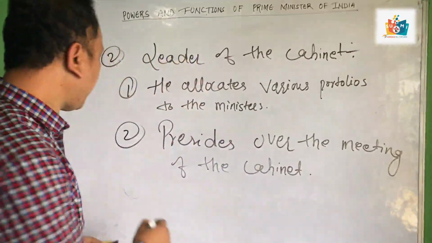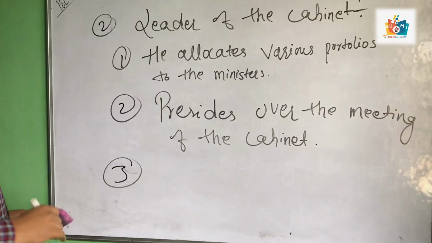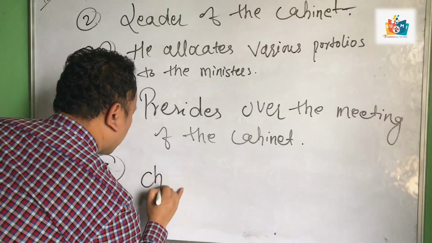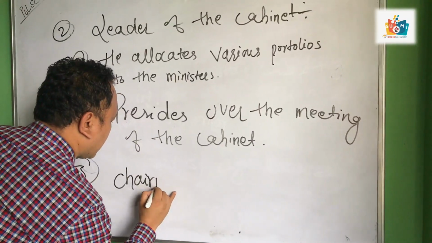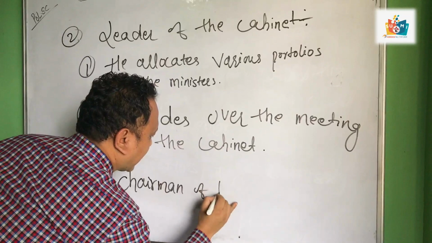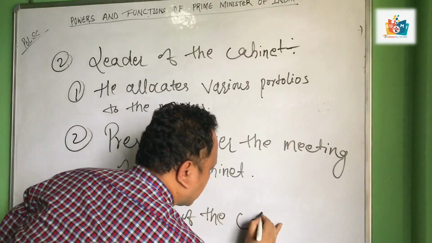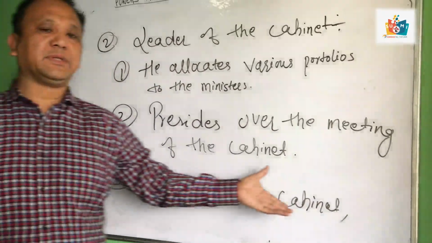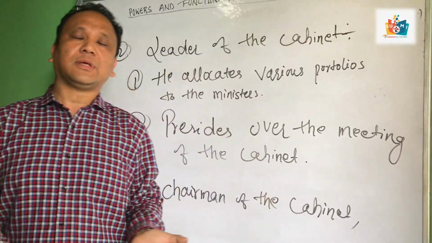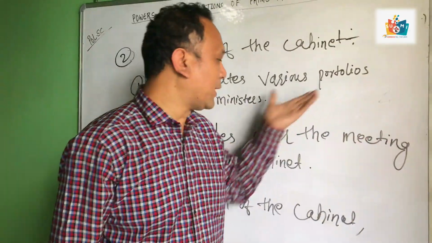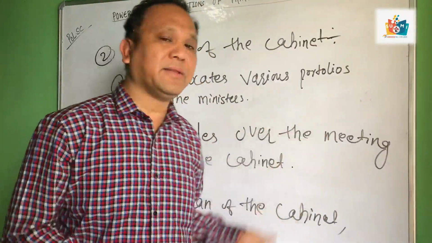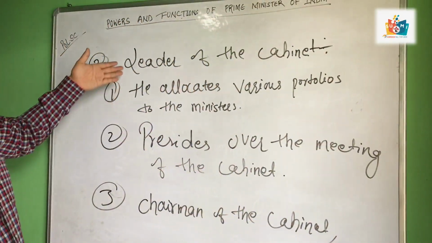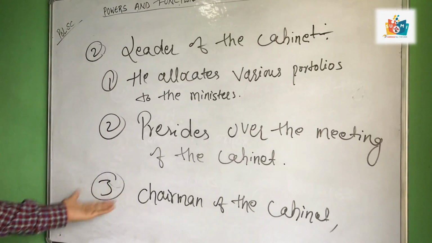All right. And number three, chairman of the cabinet. So as the chairman of the cabinet, he can influence the decision taken by the cabinet. So these are the important powers and functions of Prime Minister.